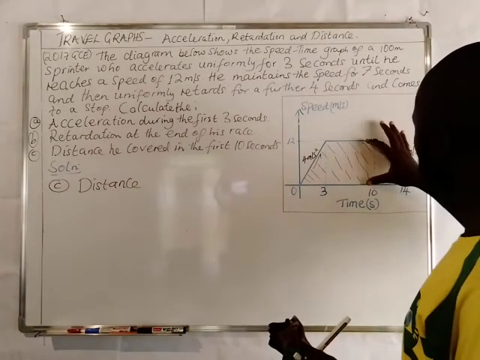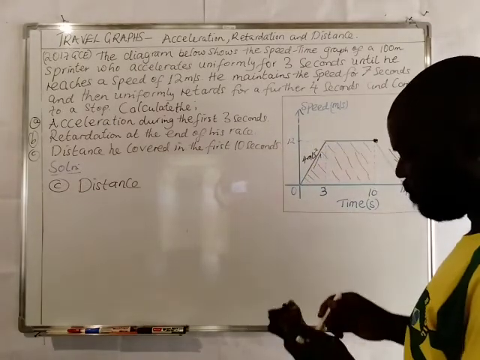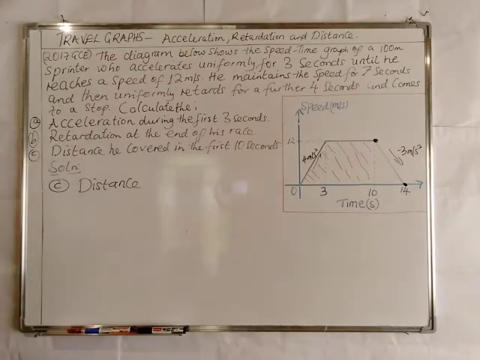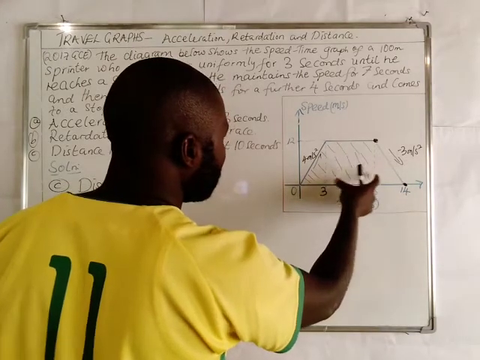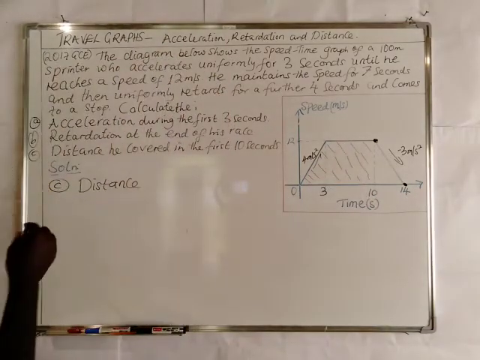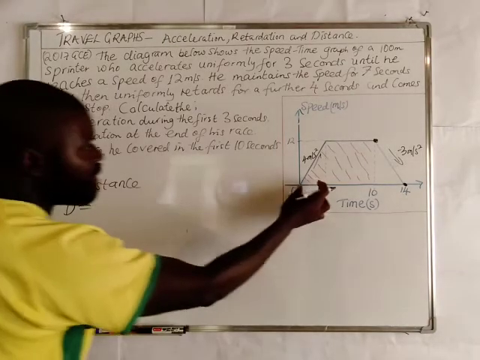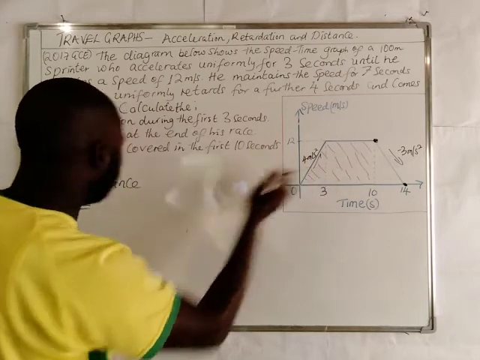So we need to get the area of this shape. We can easily divide that shape into two smaller shapes, where we have this triangle and this rectangle. So our distance is, let's get the area of this triangular shape.